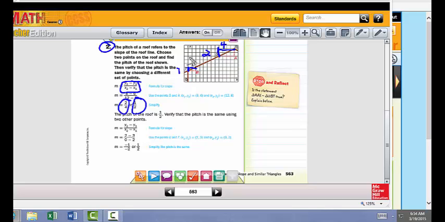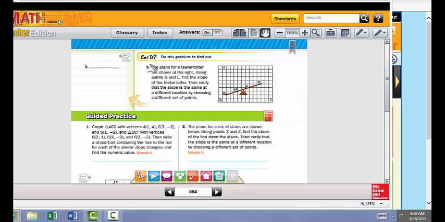And in this case, we have a run of positive 2. So in this case, we have 1/2. Now the way they did it, they ended up with negative numbers, but that's all right. Notice that they ended up with negative numbers in both cases, and -1 divided by -2 is still 1/2. So in both cases, we've proved that the slope is 1/2 in each case. Please press pause and do letter B.